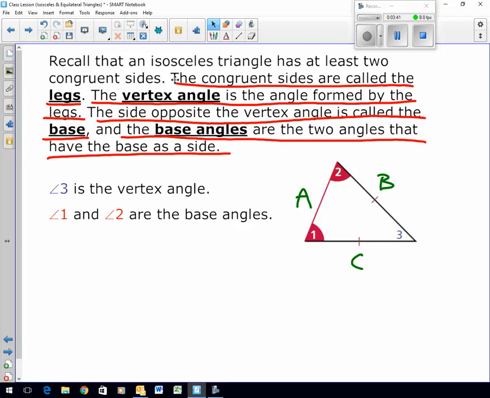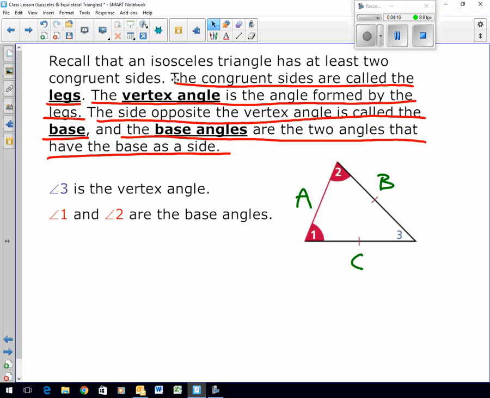B and C. Remember, what's special about the legs of an isosceles triangle? They're congruent. The base sides are congruent, correct? No. What do we call the congruent sides?